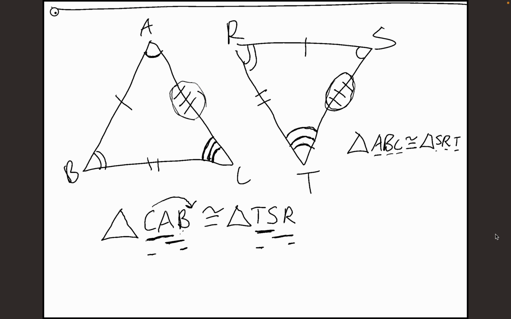You could check the same thing with the sides. AB is congruent to SR, BC is congruent to RT, and so on. Do we see that? It still works if we name the triangle BAC, then it would be triangle RST, as long as those angles are in that right spot. Do we have any questions on that?